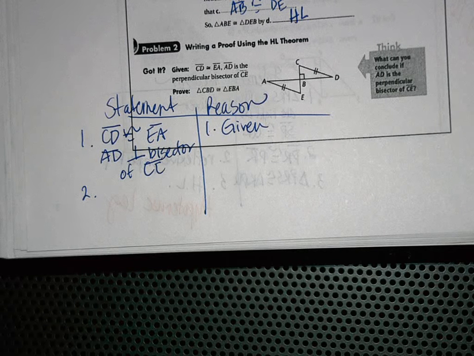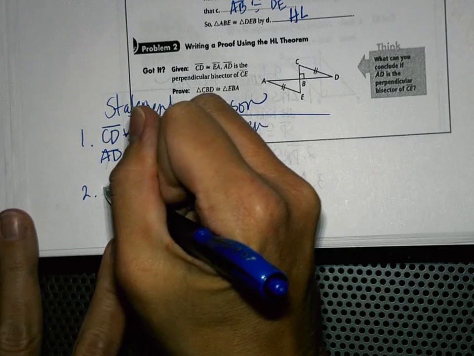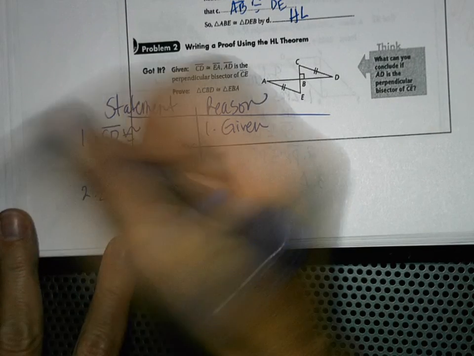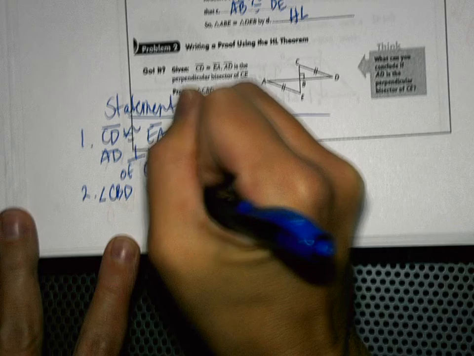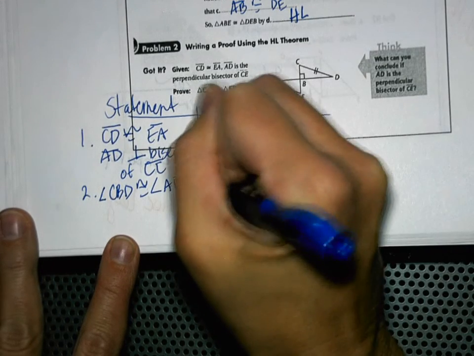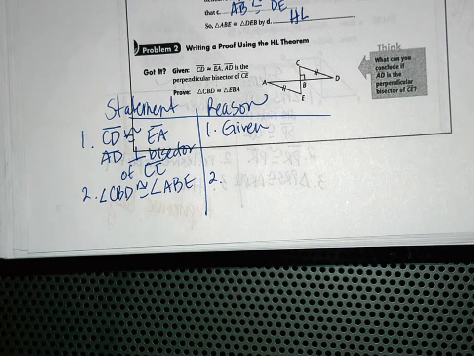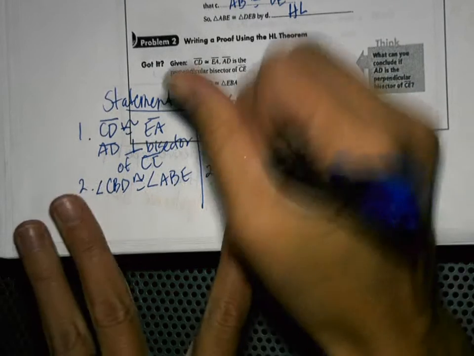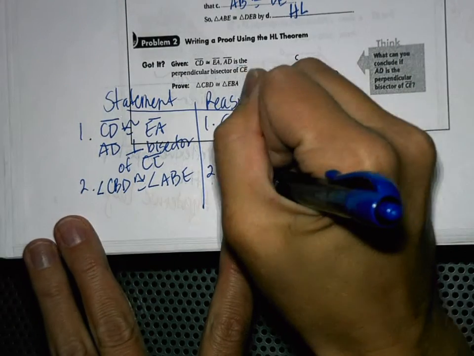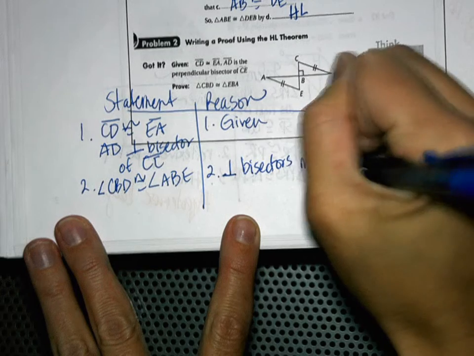Yeah, we can do that. What I might actually do is even say triangle CBD is congruent to triangle ABE. Okay, and the reason that we know that they are congruent is because perpendicular bisectors make right triangles.